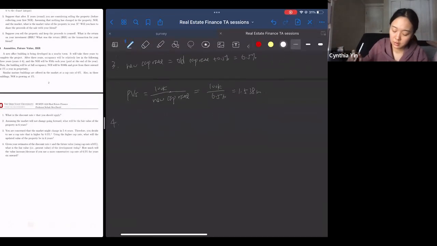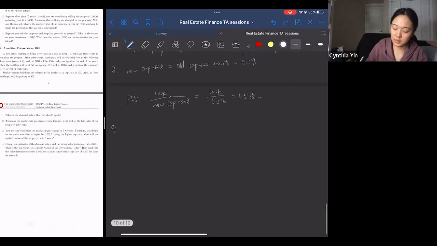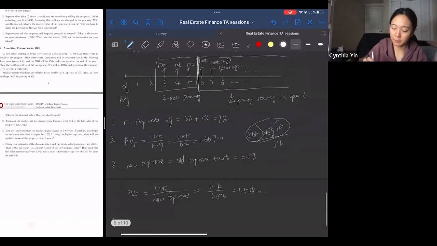The most difficult or challenging question is the 4th one. That's why I stated the cash flow at the very beginning. Question 4 says, given the estimate of discount rate R and the future value, suppose you are still using the old cap rate, which is 6%, what is the fair value of the development today?